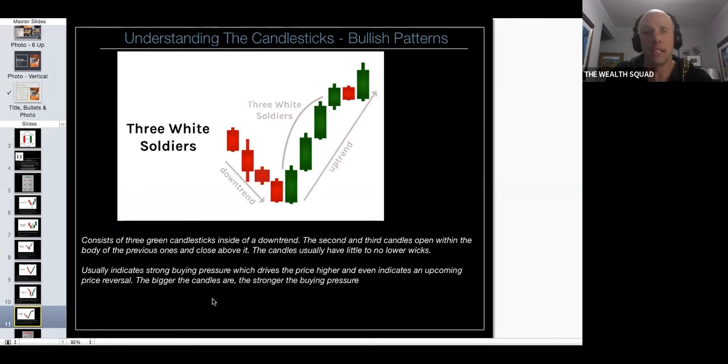So this usually indicates that there's strong buying pressure, which drives the price higher, and it indicates an upcoming price reversal to the upside, right? Because we're in the downtrend right now. So the bigger the candles are, the stronger the buying pressure. So the 3 white soldiers, along with the bullish engulfing candles, are really important for the bullish patterns. These are really important to look at.